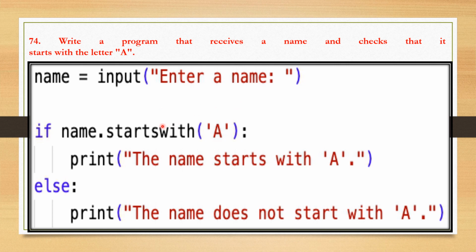The program uses the startswith method of the string to check if the name starts with the letter A, and this method takes a single argument, which is the prefix to be checked. Inside this if statement, if the condition is true, that is the name starts with A, it executes the code block that prints the message the name starts with A. Else it prints the message the name does not start with A.